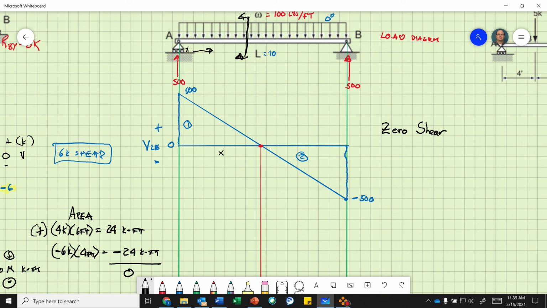So if I go from left to right, I go 500 pounds, and then my distributed load is minus 100 pounds per foot times some distance x, and that equation has to equal 0 because this is actually 0 right there. So now I solve for x.